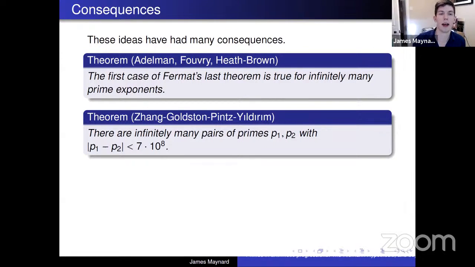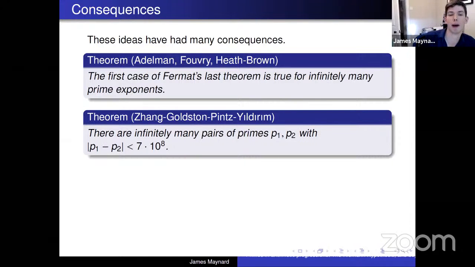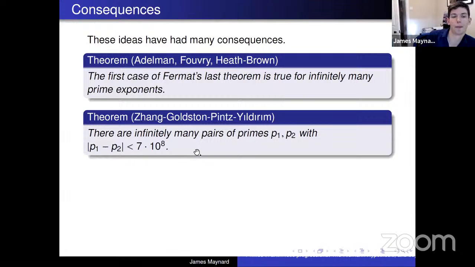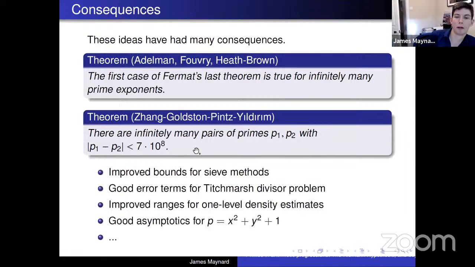So again, the key input was sieve methods, and something beyond the Riemann hypothesis was essentially shown to be true on average for sieve methods, and this allowed Zhang to prove that there are infinitely many pairs of primes that differ by no more than 70 million. And for both of these theorems, it's absolutely critical that you're going beyond this square root of x barrier in both cases, even though the technical results have a little bit of restrictions to them. There were various other consequences as well.